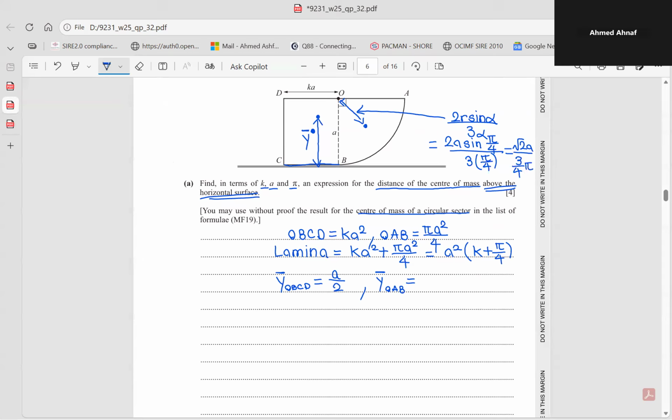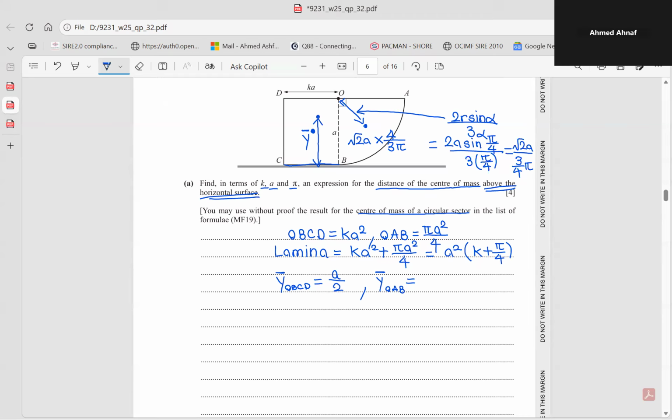So this becomes square root 2 a times 4 over 3 pi. This is the length of it.